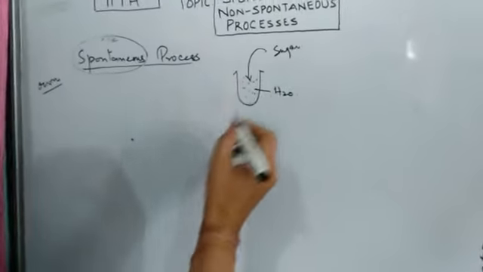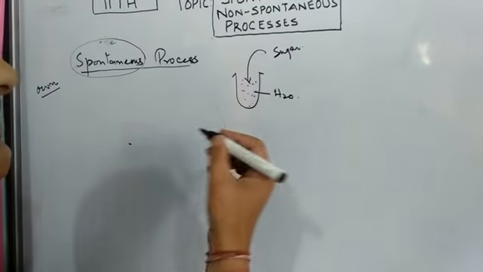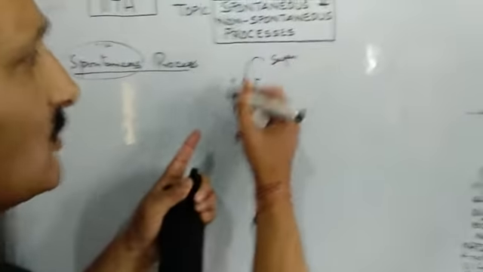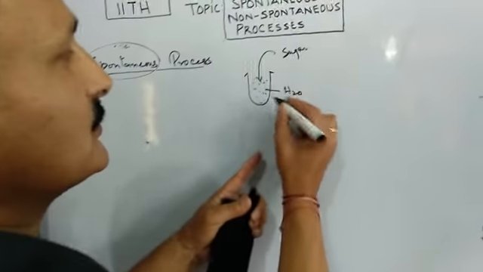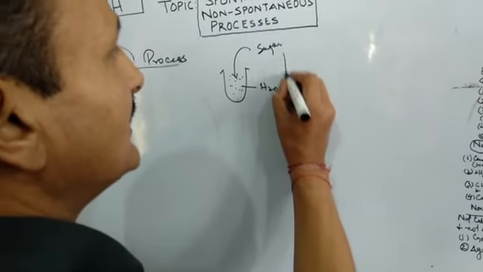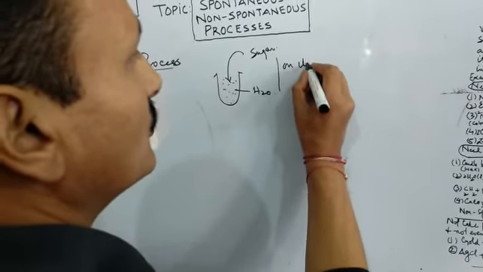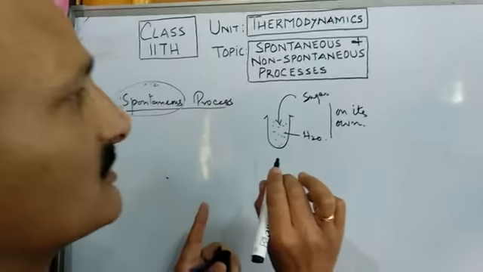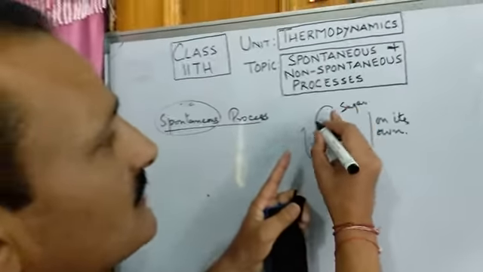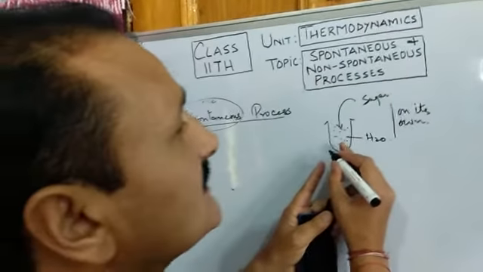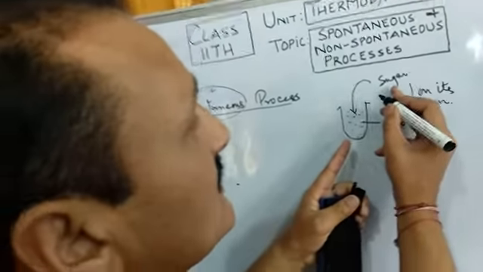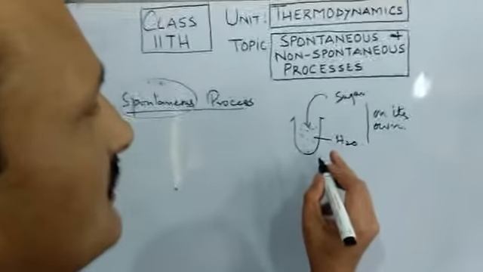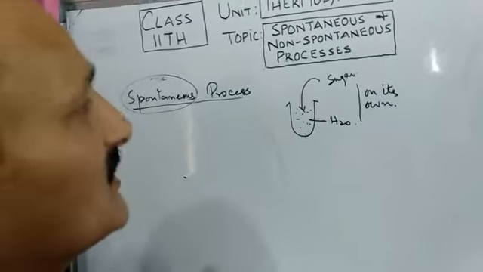What we find, when we put sugar in water, the sugar begins to dissolve in water, and this process, that is dissolution of sugar in the water, takes place on its own. We find that after some time sugar disappears. That means it gets dissolved in water. So this example is a typical example of a spontaneous process.